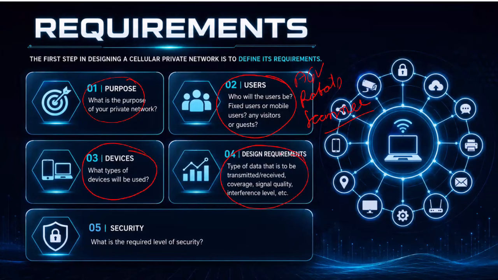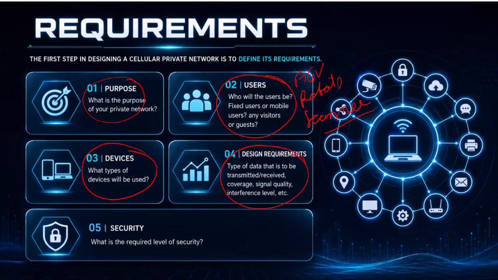After that come the actual design requirements. Here we need to know what coverage we need, what kind of data will be carried, what throughput and signal quality are expected, and whether there are any interference or latency requirements. And finally, we have security. Private networks often carry business-critical or sensitive information, so we need to understand the required level of security and access control.